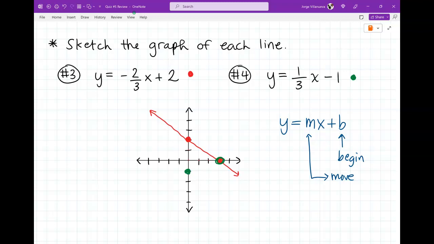So I'm going to kind of circle it, right on top of the other dot. Now when I connect, it'll go there. So those are your two lines on the same graph.